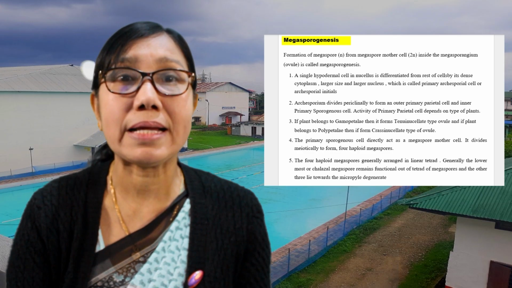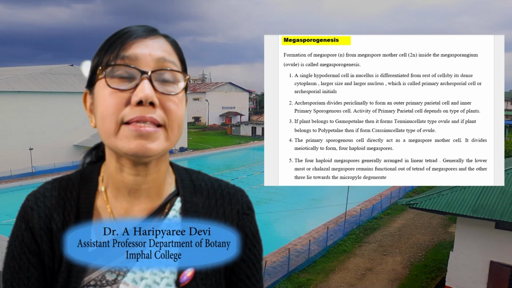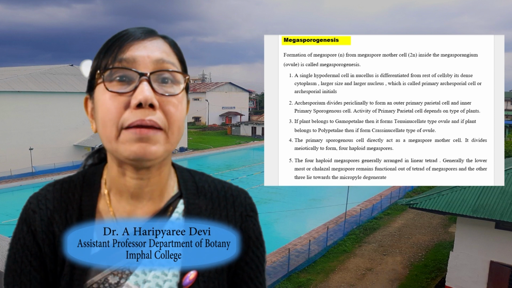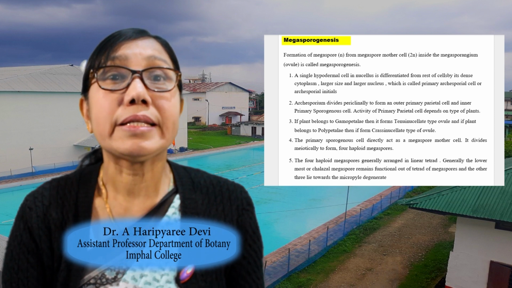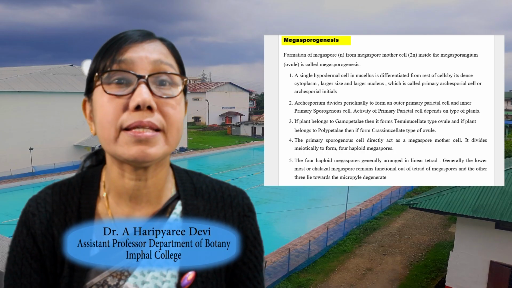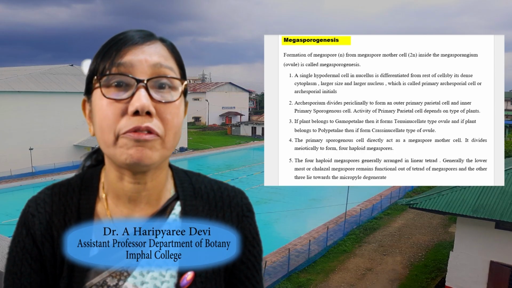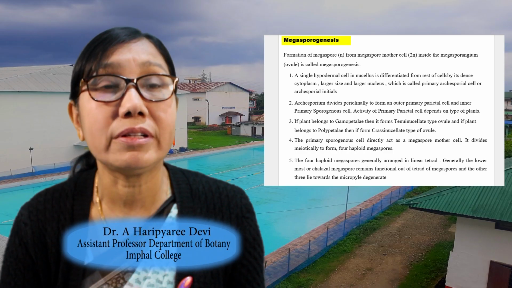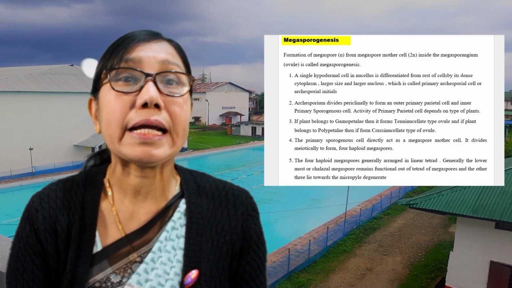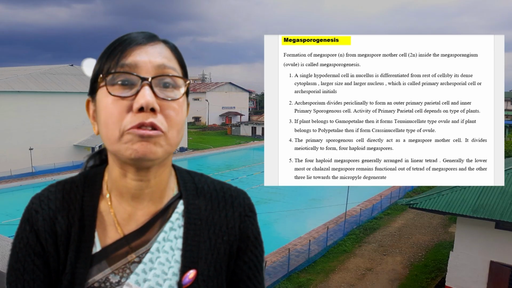The activity of the primary parietal cell depends on the type of plant. If the plant belongs to Gamopetalae, then it forms a tenuinucellate ovule. We already discussed what a tenuinucellate ovule is. If the plant belongs to Polypetalae, then it forms a crassinucellate ovule.